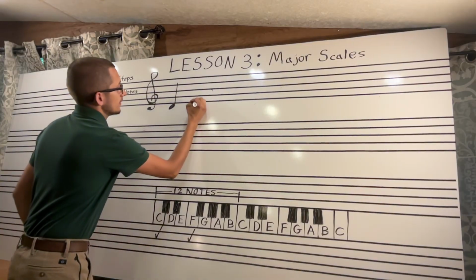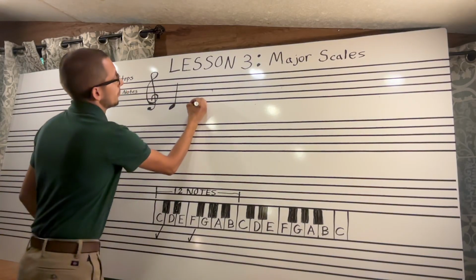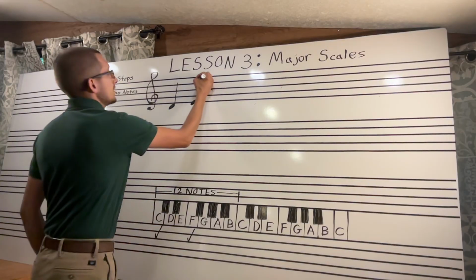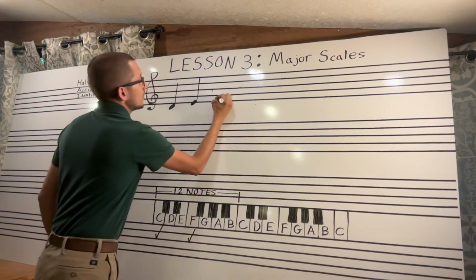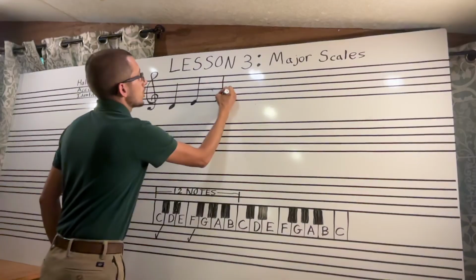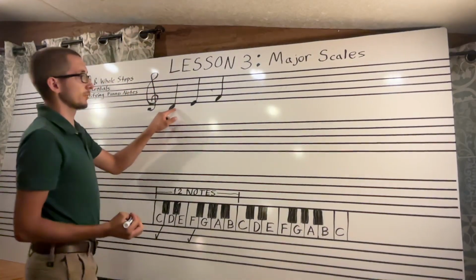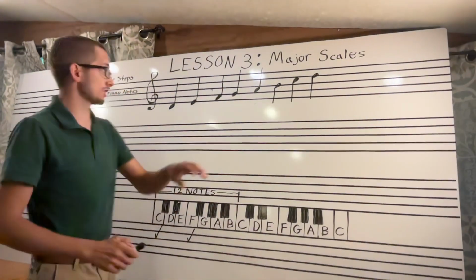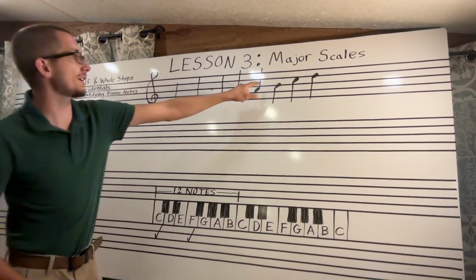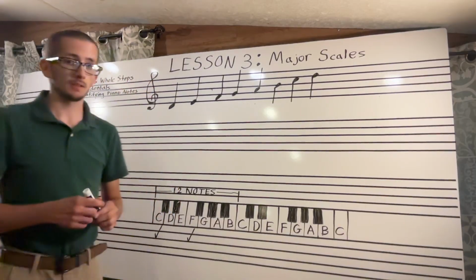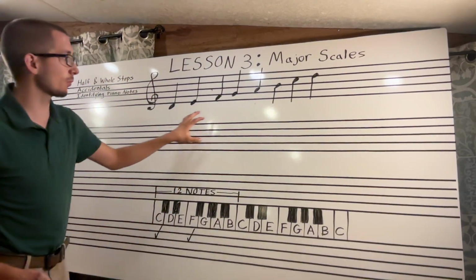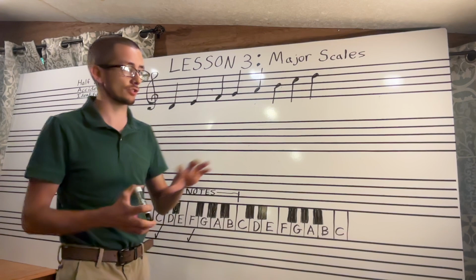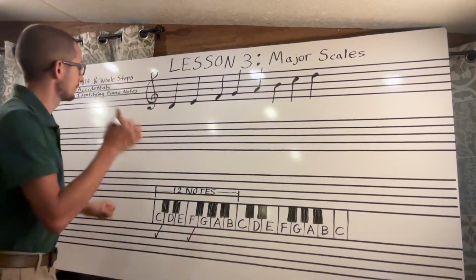So, to write out my scale, before any sharps or flats, I need to have a note on each line and each space, all the way from D to D. So there, you can see I have each line and each space accounted for before I even start worrying about what sharps or flats go in the D major scale.